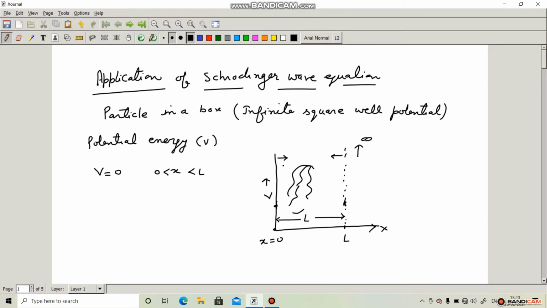It means when the particle is moving inside the box, inside the well, then it is moving with very high velocity, so we can consider that the potential energy of the particle is 0.